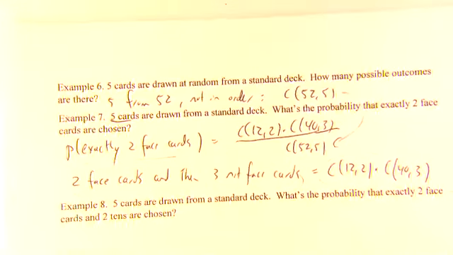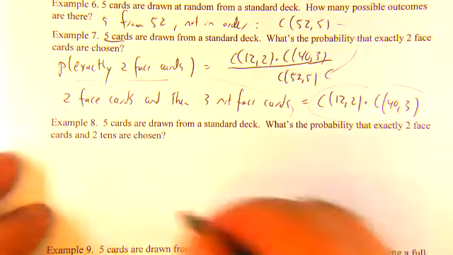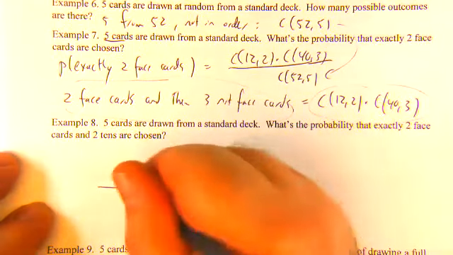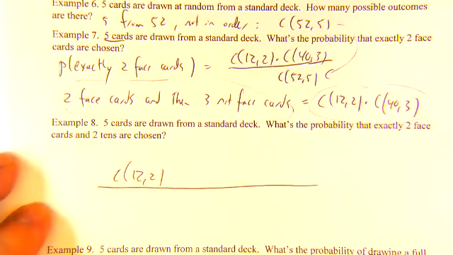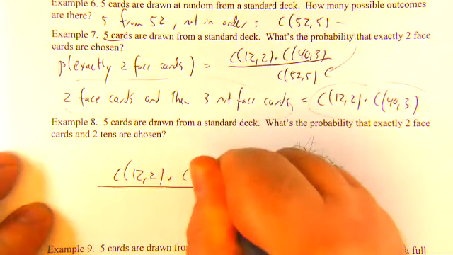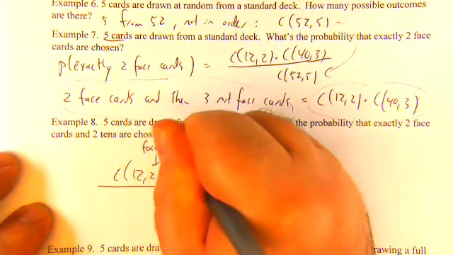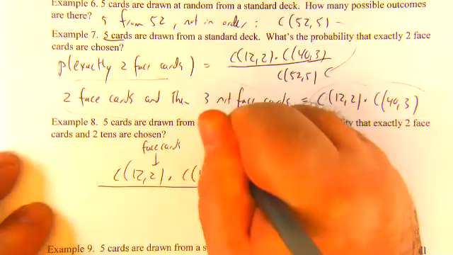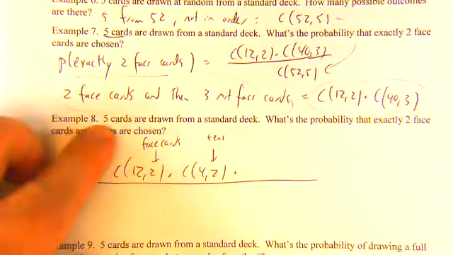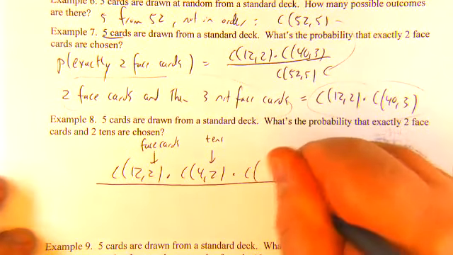Okay. So what's the probability of getting exactly 2 face cards and 2 10s? Well, I would have to pick 2 face cards out of the 12 that are possible. And then I have to pick 2 10s out of the 4 possible 10s. And then I have to pick 1 more card, because we're picking 5 cards and I've only got 4. So 1 more card.